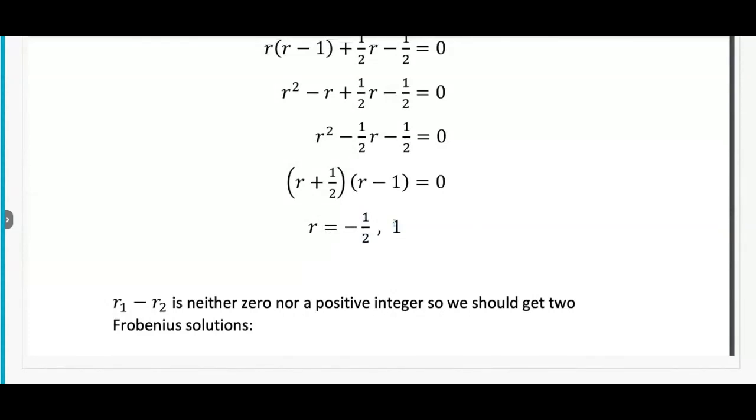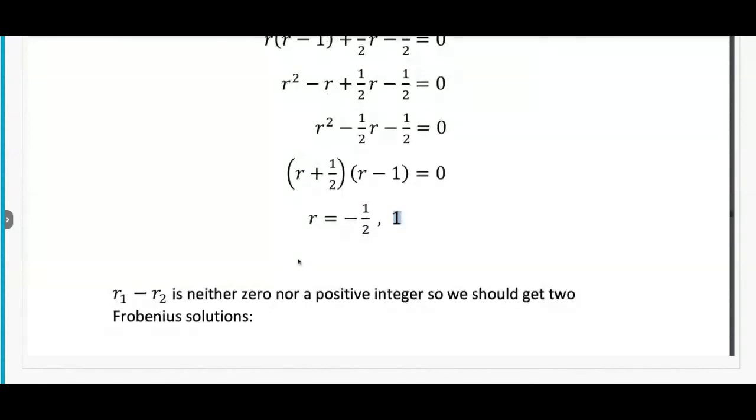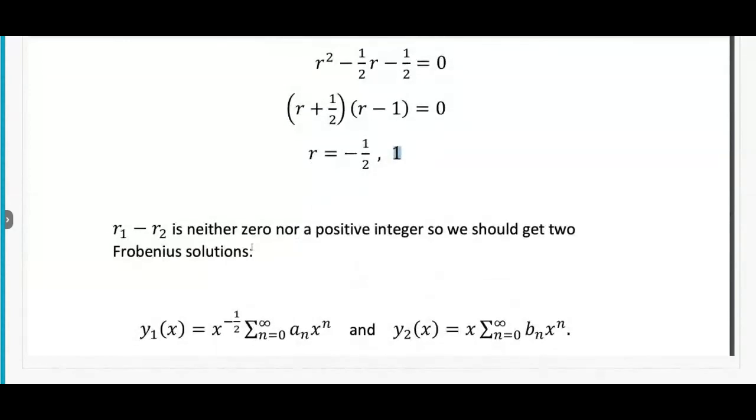The bigger one is R1 because we want R1 to be the big one. Oh, hold on a second. In this case, R1 is negative half, and R2 is 1.